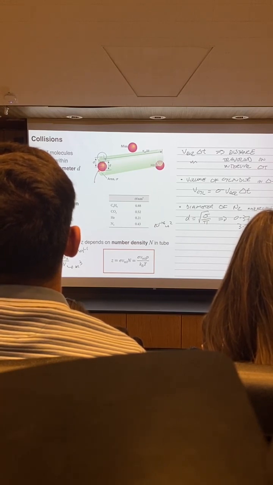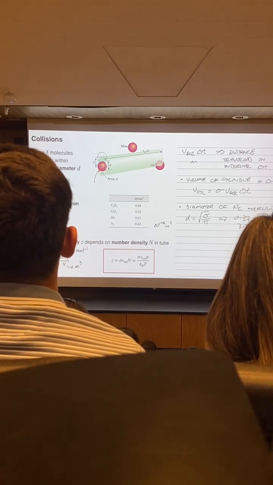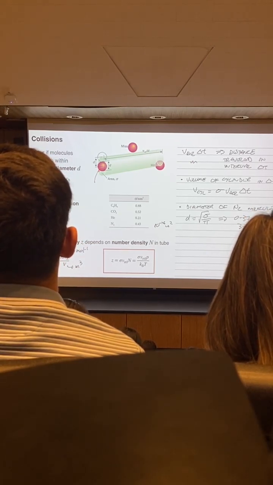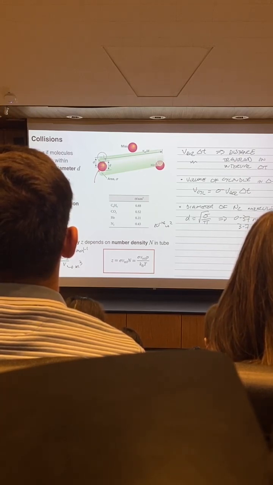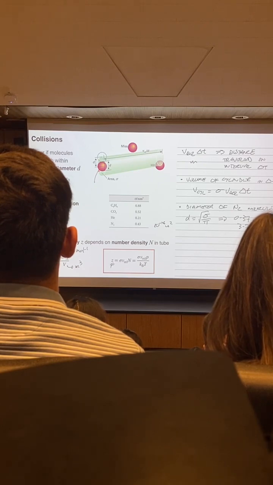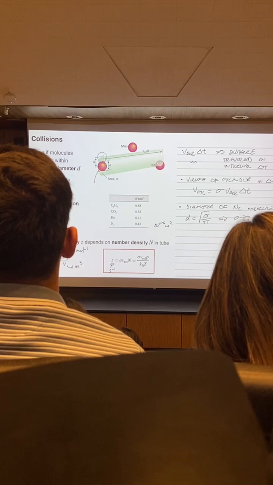So the collision frequency is the volume of the cylinder multiplied by the number density, the number of molecules per unit volume, divided by this time interval that we happen to be interested in, delta t. So everything cancels out there. And what we're left with, if we calculate that property, is a collision frequency, which we can measure as the number of collisions per second.